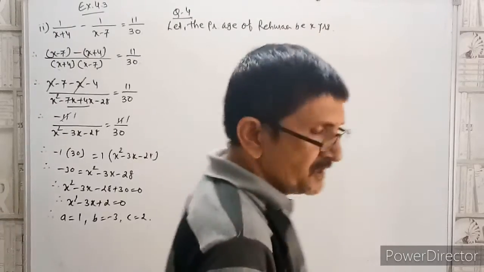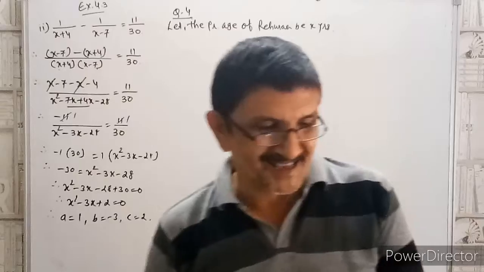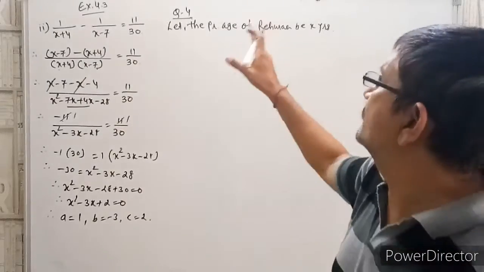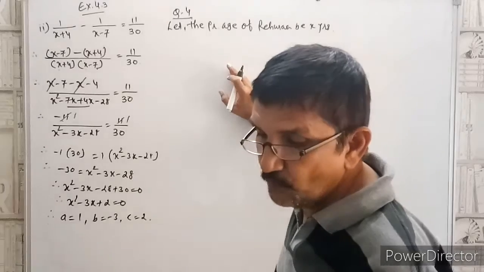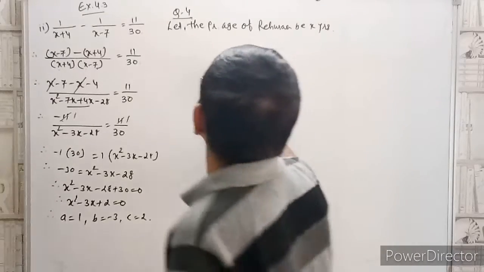x years. See, in the question, if it is asked that find his present age, then we have to assume that. Okay, if present age is x, then before 3 years what will be his age?